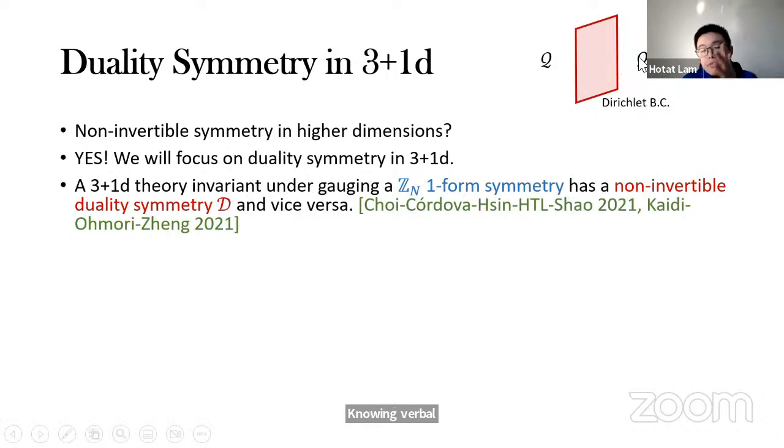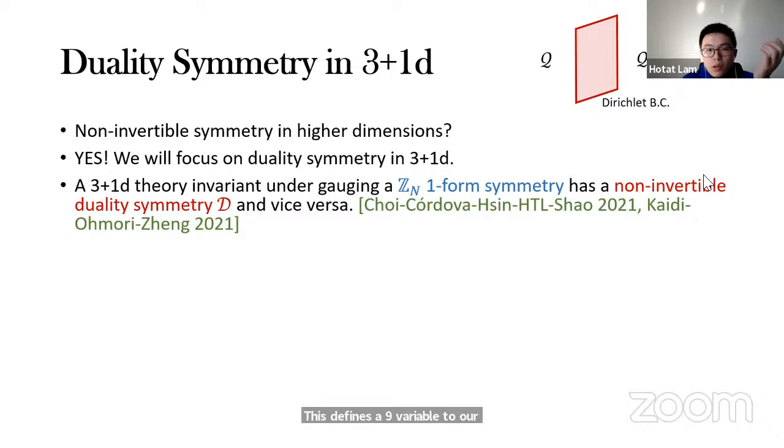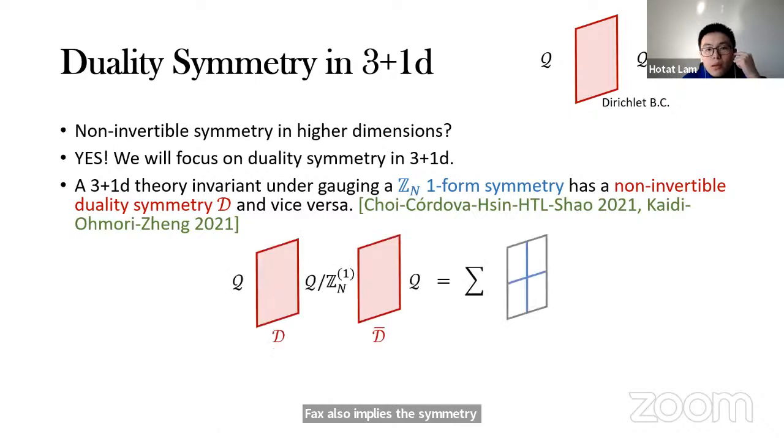We gauge the symmetry in half of spacetime, and we impose Dirichlet boundary conditions. This defines a non-invertible duality defect, which is topological. The existence of this duality defect also implies the invariance under gauging. One can also explicitly check the fusion of this duality defect with its orientation reversal.